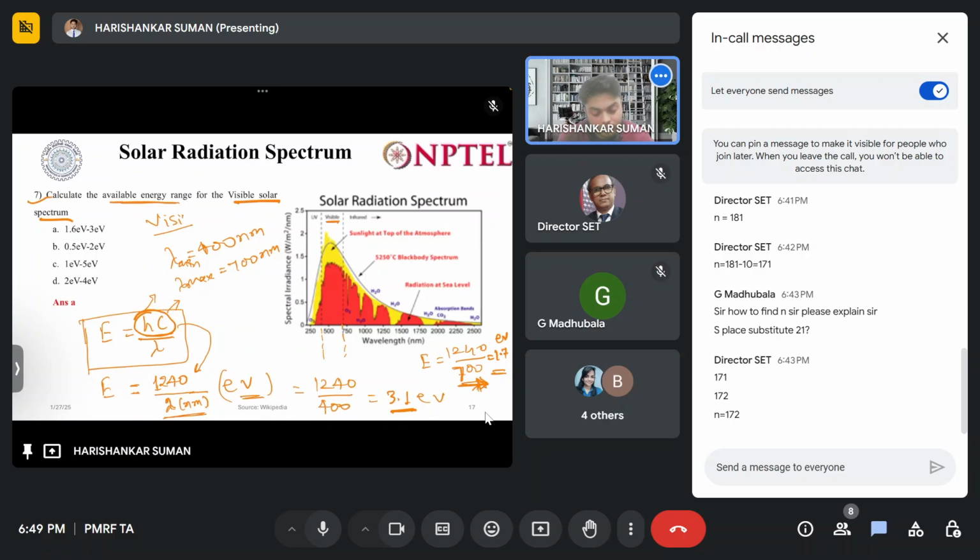For the whole visible range, use the topmost and lowermost values, so you will get this answer. Any doubt? No, sir. Okay, thank you.